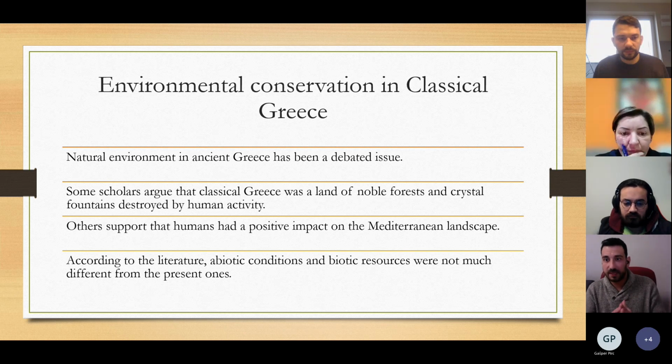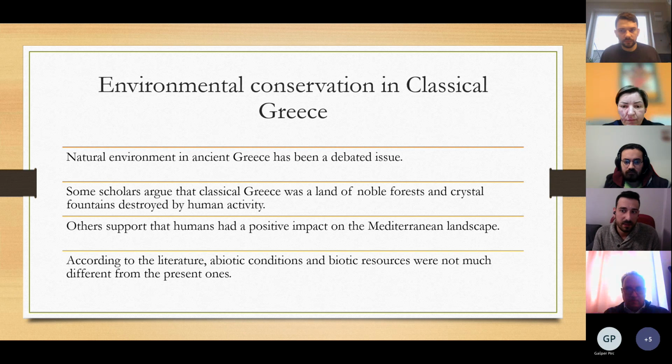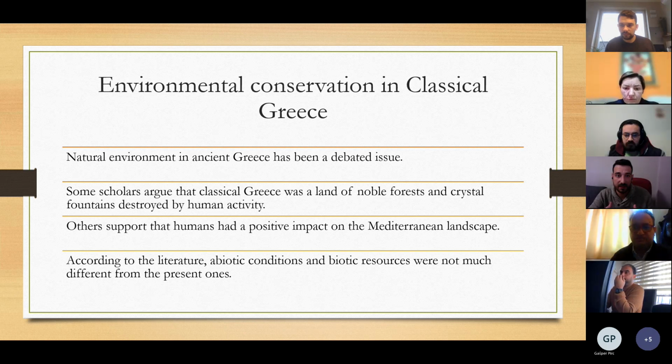Some scholars argue that classical Greece was a land of noble forests and crystal fountains that was destroyed by human activities, while others denounce this very pessimistic view by claiming that humans had a positive impact on the Mediterranean landscape.